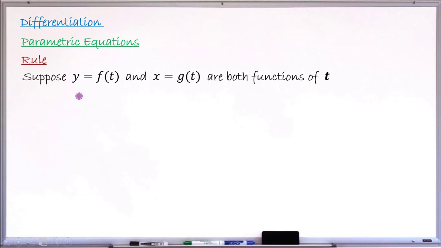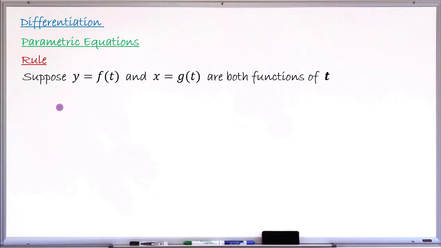And what you want to do is to find dy by dx. This is the function y, which is in t, and this is the function x, which is also in t. You want to find the derivative of the function y with respect to x, that is dy by dx. So let's learn what the rule tells us to do.